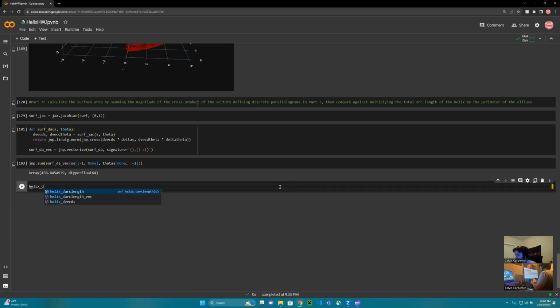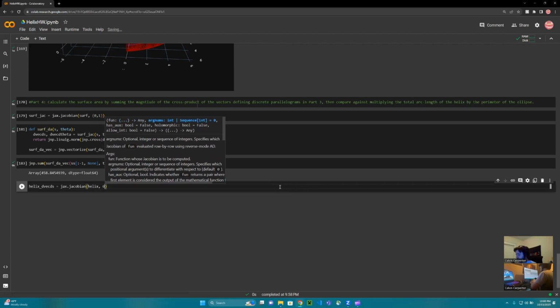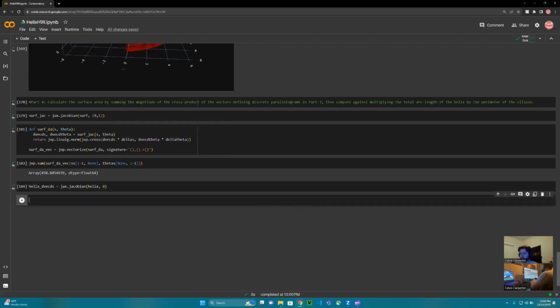Okay, now we're going to run the Jacobian on the helix function. Okay, so this is to find the differential arc length for the helix function.